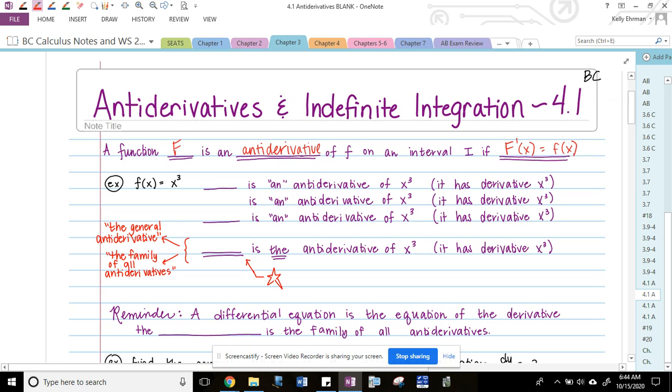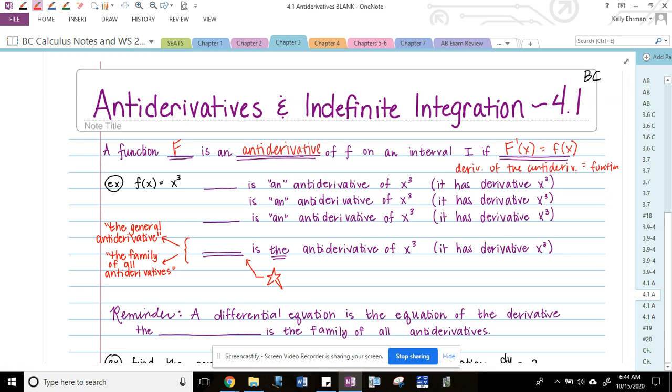And if you think about what that's saying, the derivative of the antiderivative equals the function itself. So that kind of makes sense. Antiderivatives and derivatives undo each other, right?